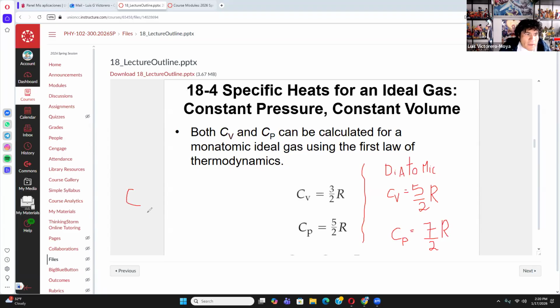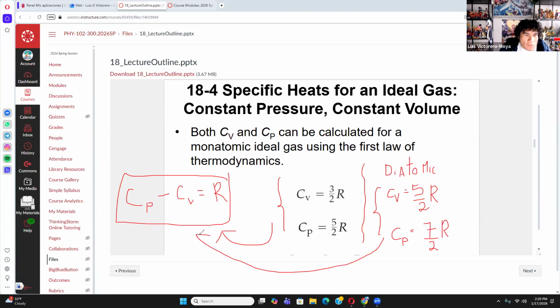Well, Cp minus Cv is always equal to R, by the way. That's always true. So for monoatomic, that works. Of course, for diatomic, that also works.